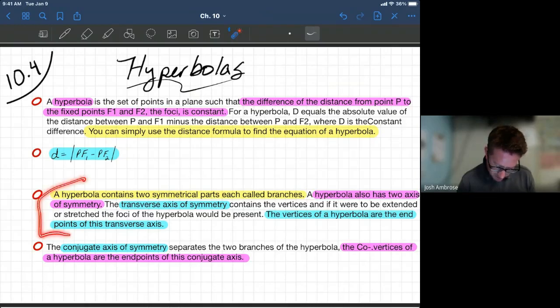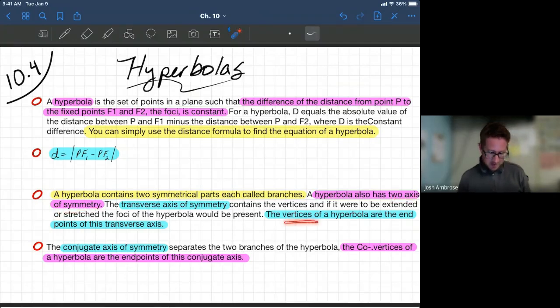This information right here is the basic definition of what a hyperbola actually is, as well as terms that you're going to see in the text, such as the transverse axis of symmetry, the axis of symmetry, and vertices.